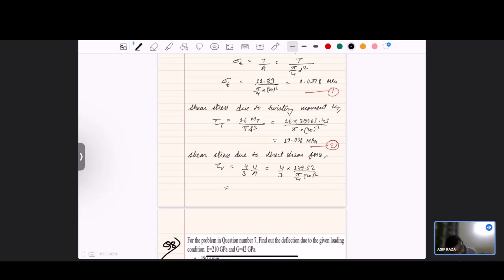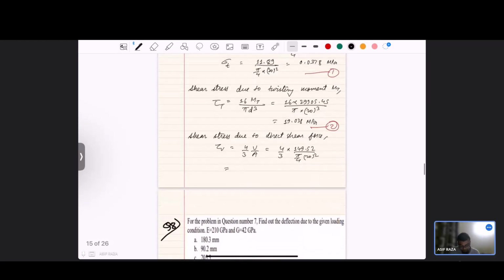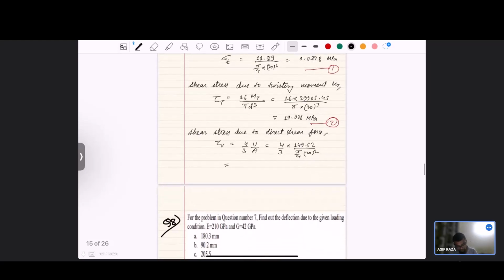So this would be equal to 4 into 149.52 divided by 3 divided by pi divided by d squared. So this comes around 0.634 megapascal.